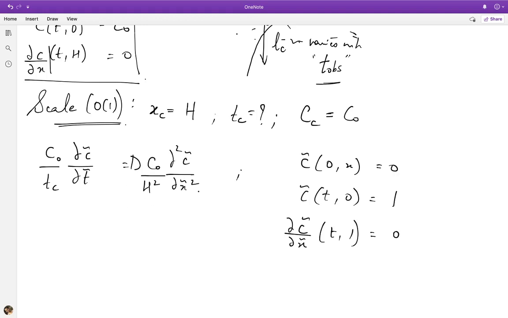So clearly diffusion, no matter what, is going to be dominant, especially because at the end we expect the solution to reach a steady state, in which case this time dependence will become small. So let's keep diffusion as a dominant term and multiply throughout by h squared over D c naught. So what will that give us? We will get h squared, the c naughts will cancel.